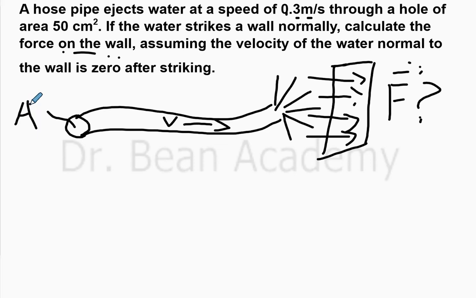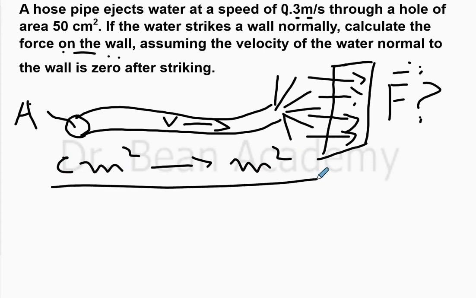Just remember, when we solve the question, we have to change centimeter squared into meter squared before we start any calculations, because we need to change the units into SI standard units so that all of our calculations are consistent.